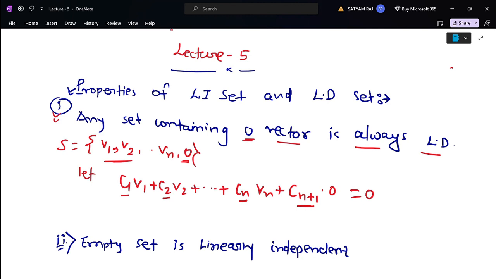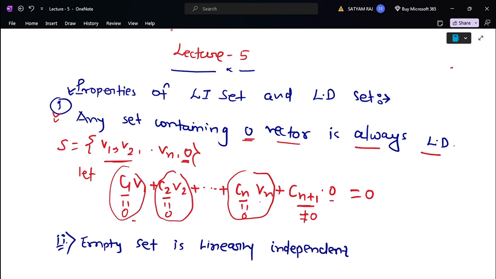If c1 to cn are 0 and we take c(n+1) non-zero, then every term cn vn, ..., c2 v2, c1 v1 is 0 because its coefficient is 0, and the last term is 0 because it is the zero vector.